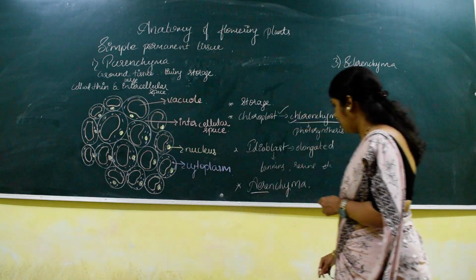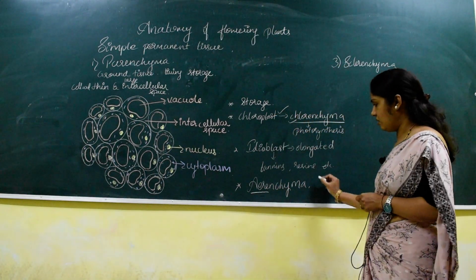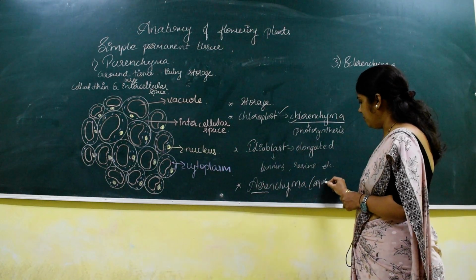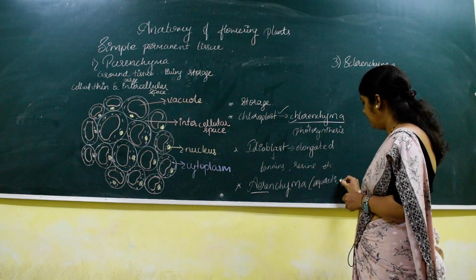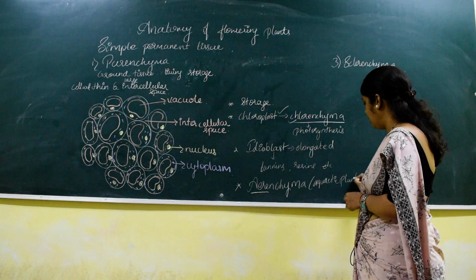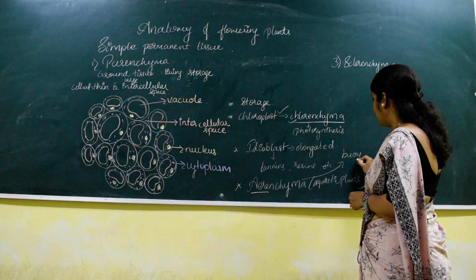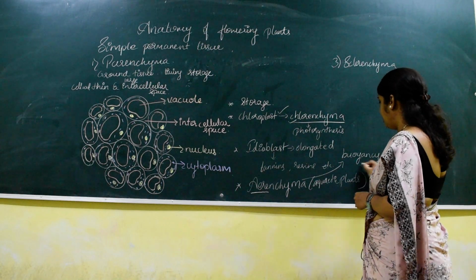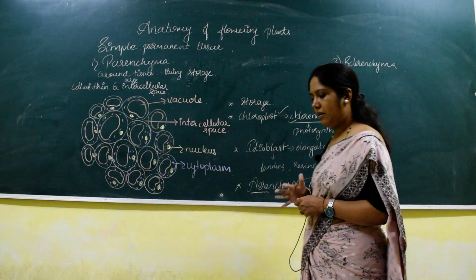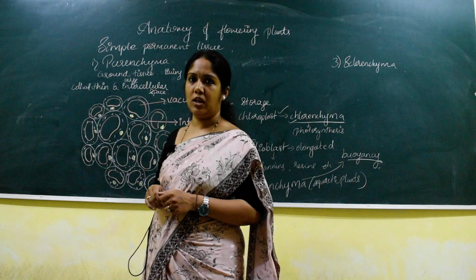This type of Aerenchyma is seen mainly in aquatic plants. What is the function of this Aerenchyma? It mainly helps in buoyancy, meaning it helps in floating, or it maintains the balance in the water body.